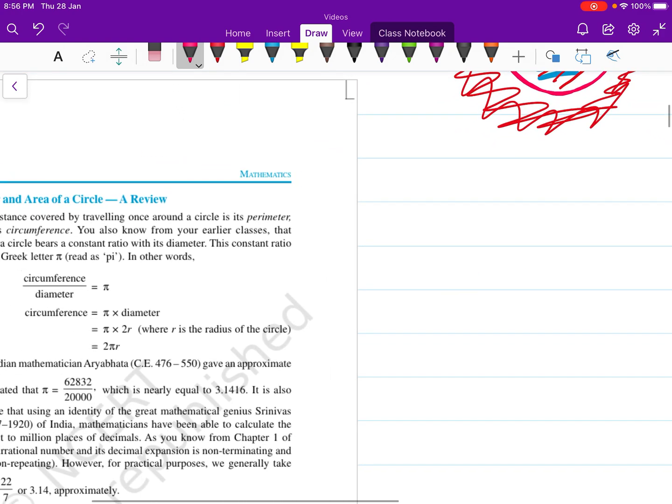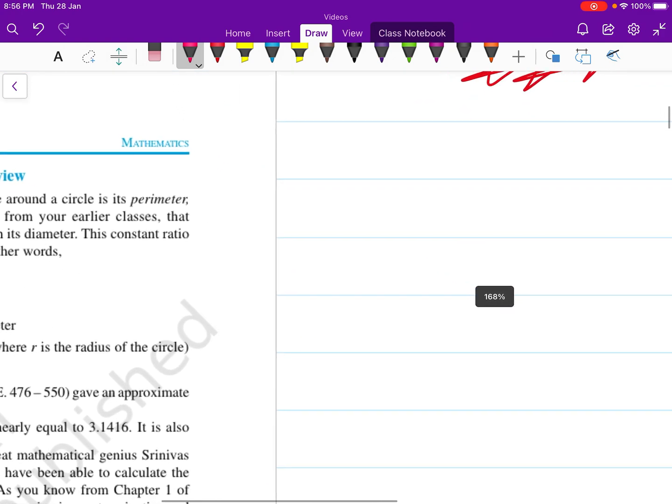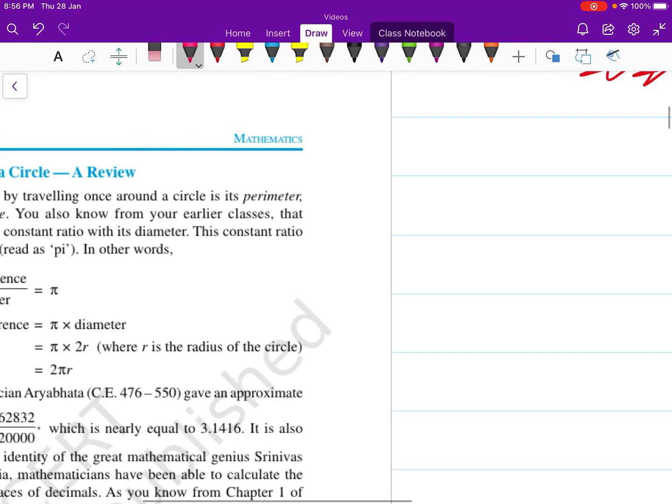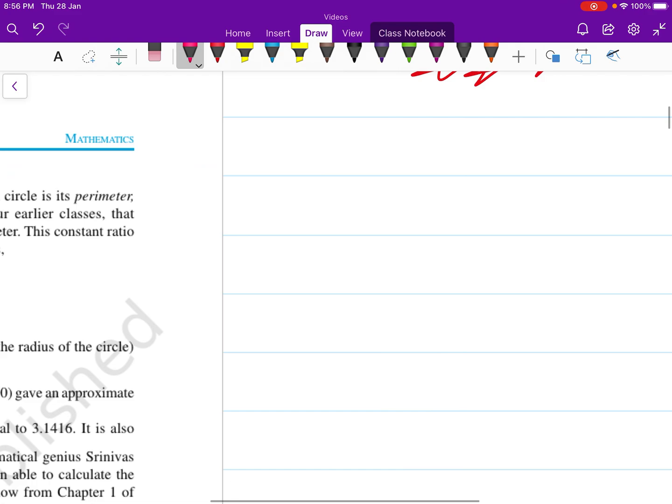Now many experiments were done and various perimeters of circles were found, and the ratio of the perimeter and diameter of that circle was taken, which came out to be pi, a constant, and so the formula came into existence as C is equal to pi d.